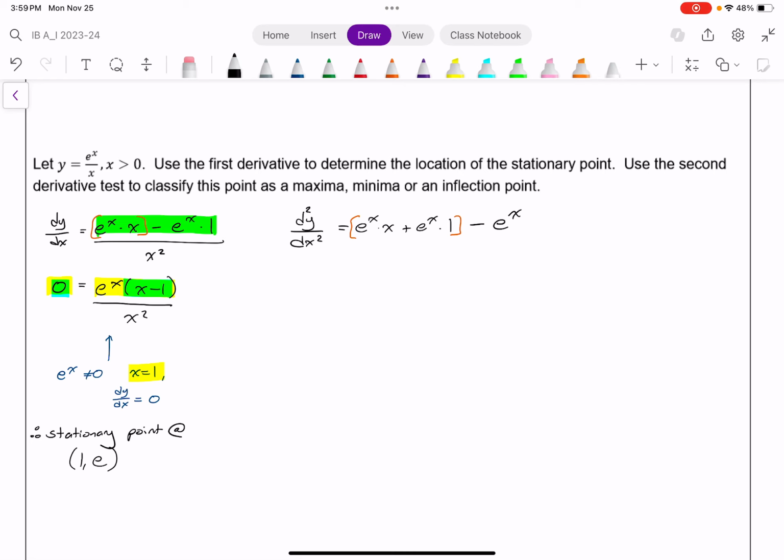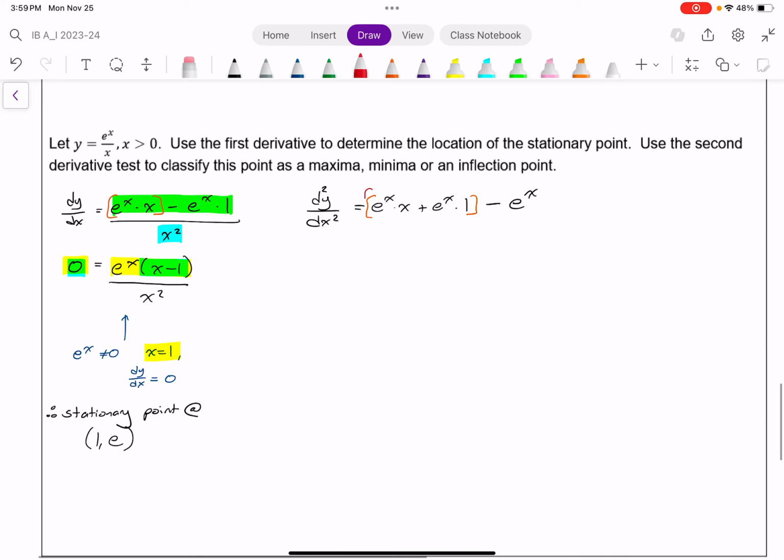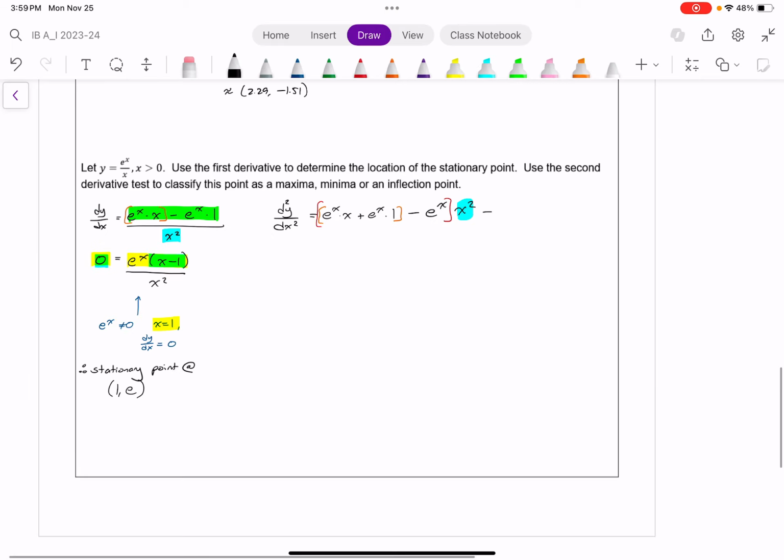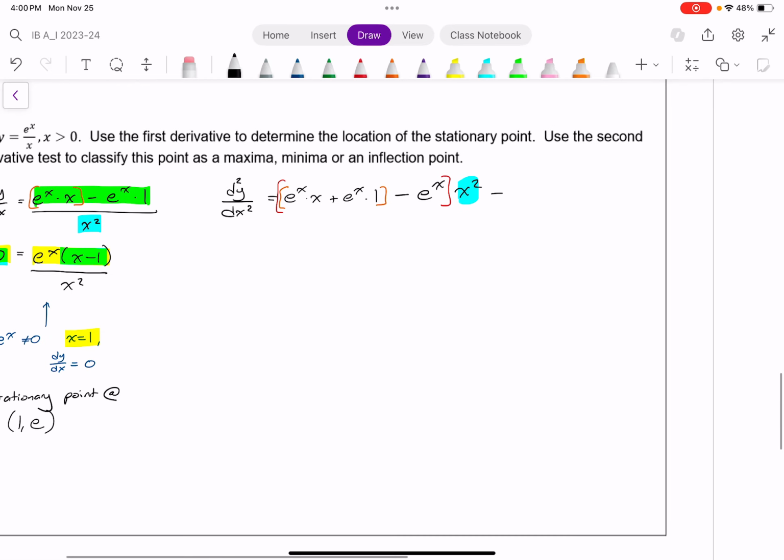Everything there is being divided by x squared. So I now need to take all of this, everything I see right here. That is the derivative of the numerator times the denominator, which is x squared, minus the other way around. I leave my numerator alone. I'm running out of space here, so I'll get my colorful brackets back in. So e to the power of x times x minus e to the power of x.